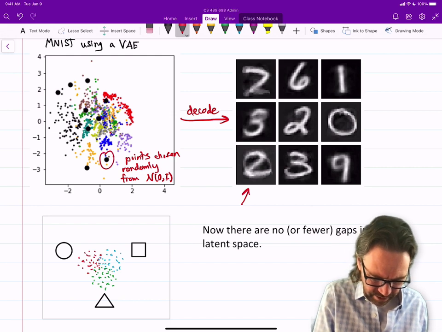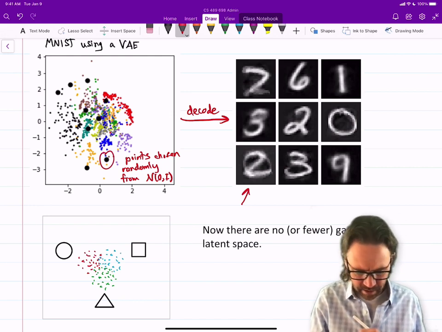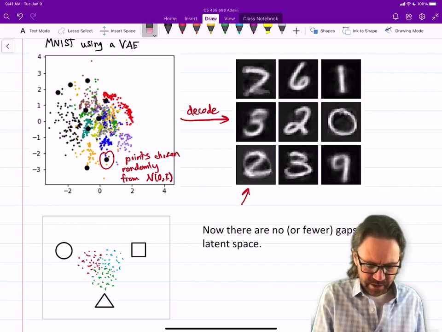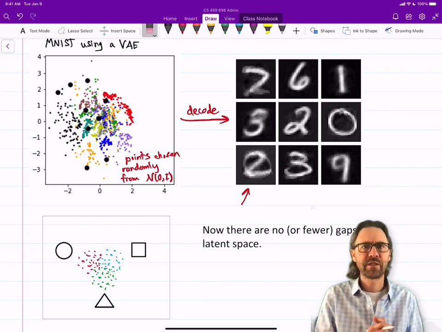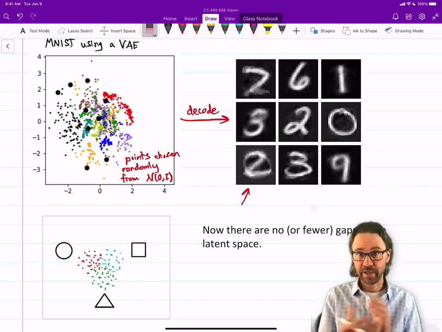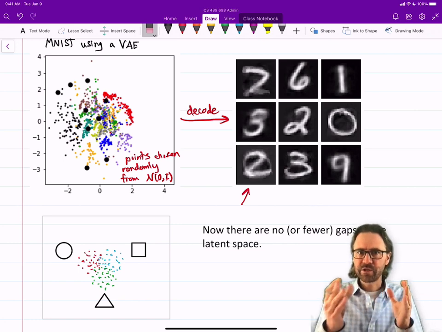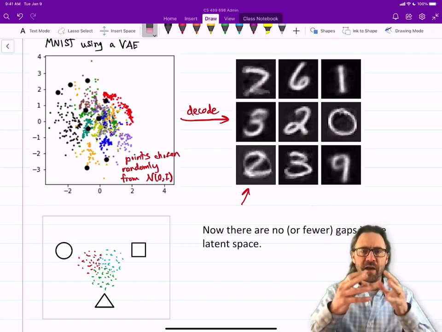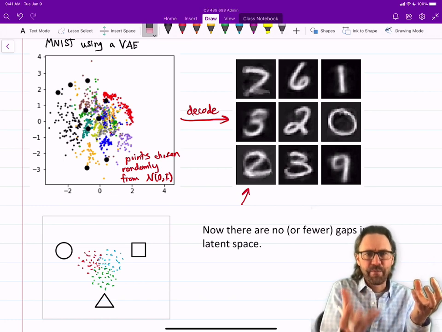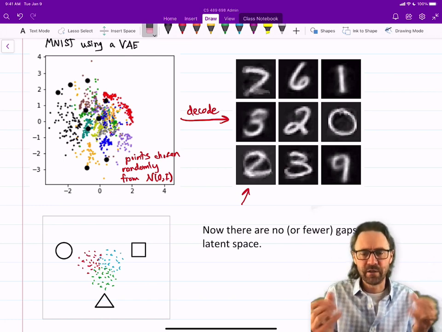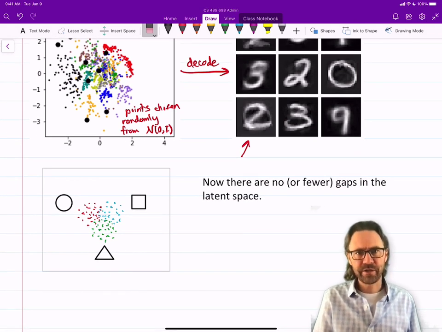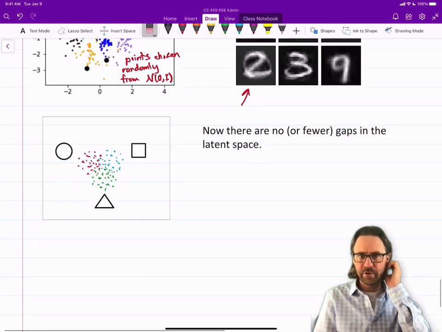It's kind of between yellow and black. I'm not sure which sample it is. But anyway, interpolation is much more intuitive in a variational autoencoder latent space. There's more of a continuous transition from one digit to another, instead of having one digit cluster here, one digit cluster here, and this chasm in between that generates nonsensical samples.